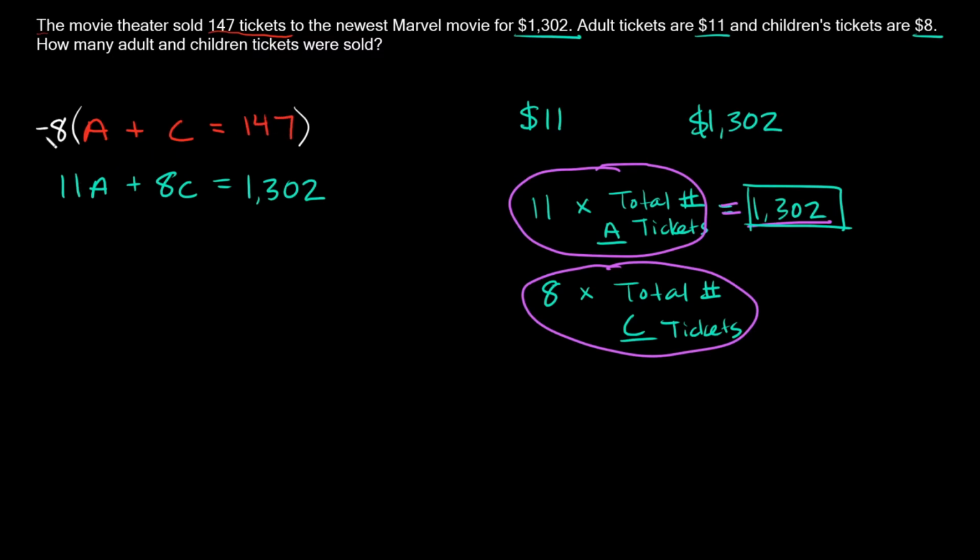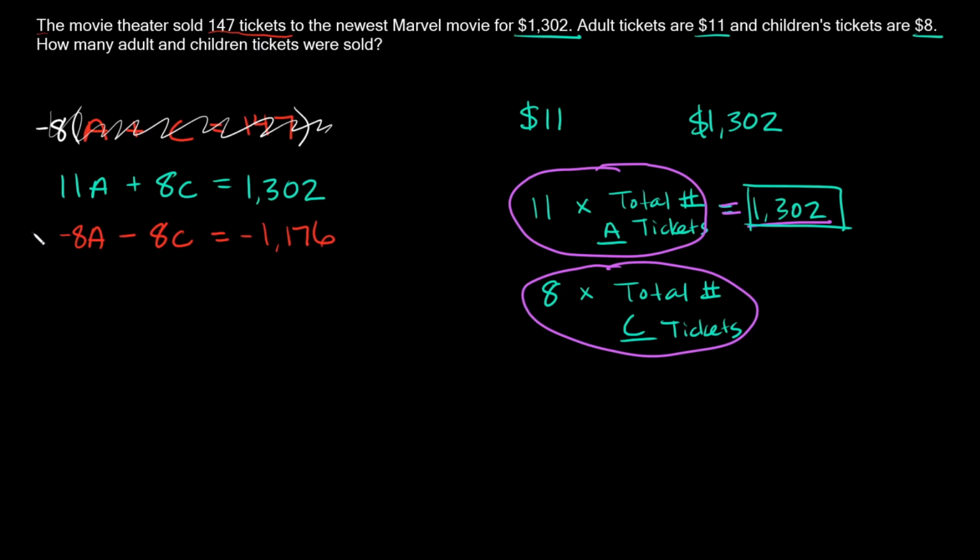So rewriting this, negative 8 times A would be negative 8A, right? Negative 8 times C would be minus 8C, and then that'd be equal to negative 8 times 147, which if you plug that into your calculator, you're going to get negative 1,176. Okay, so since we just changed this equation, we can basically just ignore that now. So these are the two equations we're going to be working with.